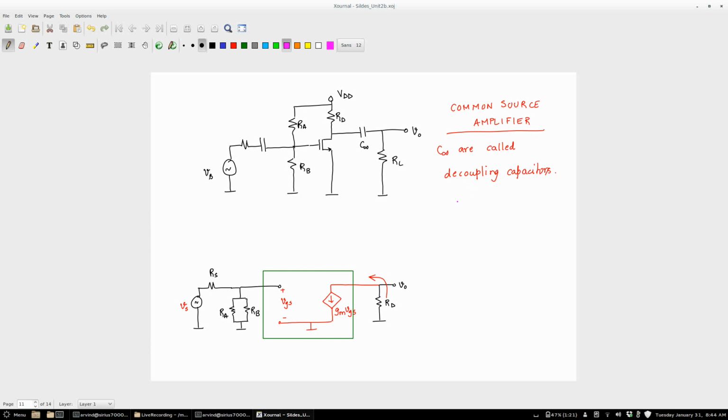Okay, so just to finish this, what should we do? We should take this. All right, so this is the full circuit, right? And this would be the incremental circuit.